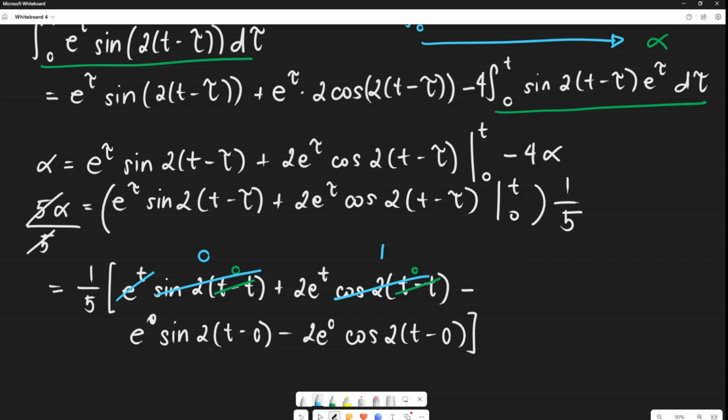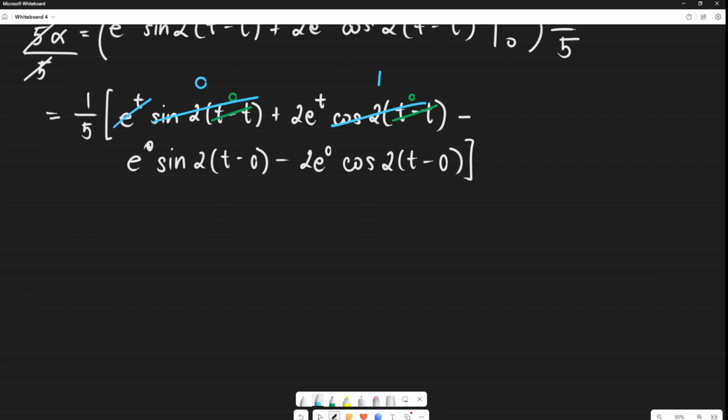Then, below, what can we cancel here? We have e raised to 0, which will become 1, likewise with this one. Then our 0 terms disappear. So let's distribute 1 over 5. This becomes 2 over 5.